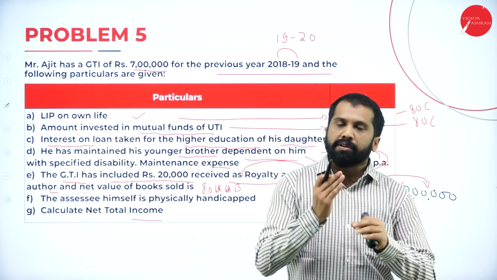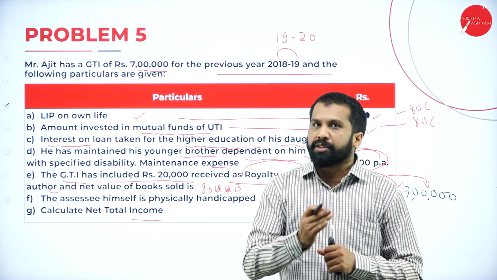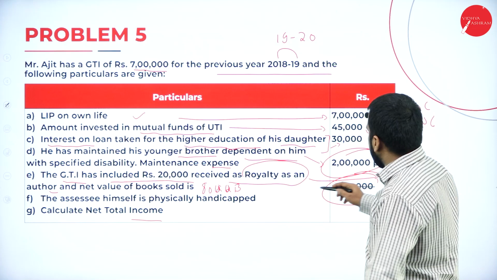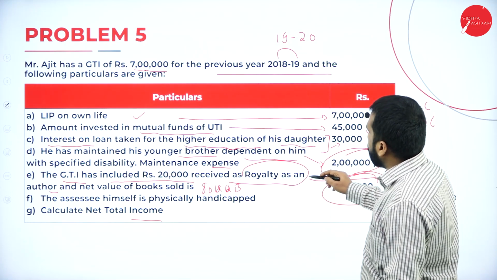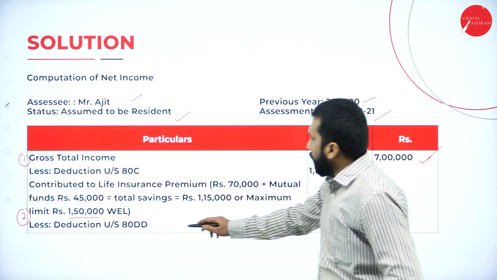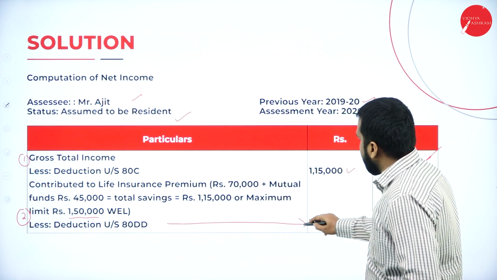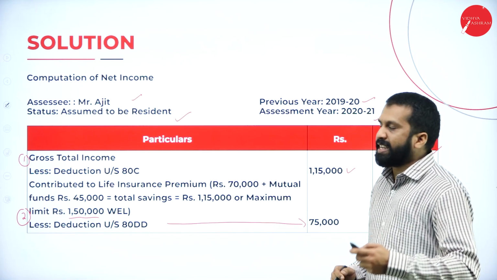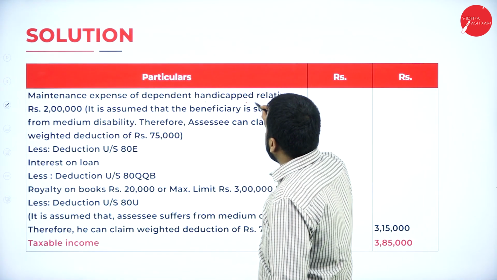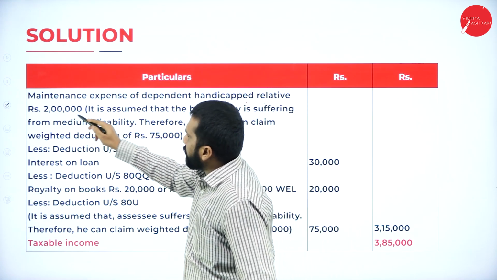80DD. Go back to your previous notes. You will understand what is 80DD. Now, so as per 80DD, I got your deduction of how much? 75,000. Now, see your 80DD 75,000. For that explanation, maintenance expenses of dependent handicapped relative of rupees 2 lakh.